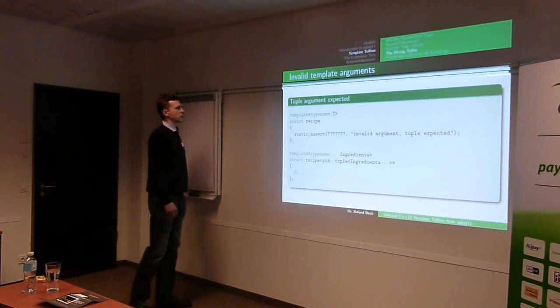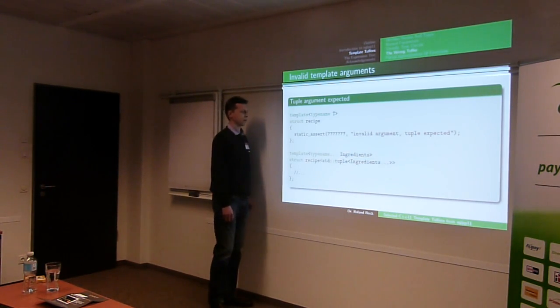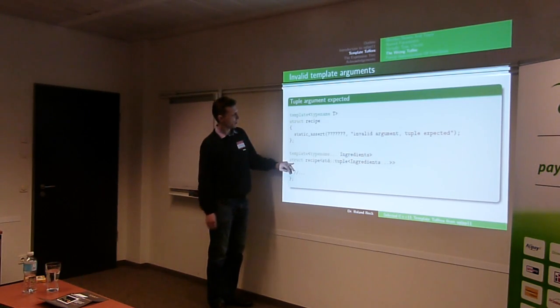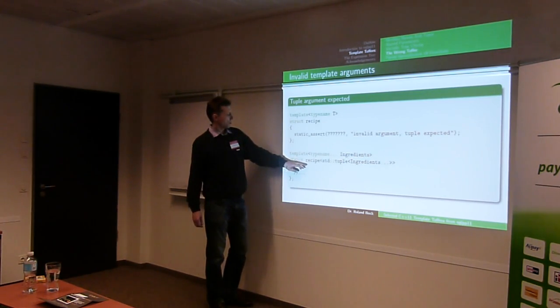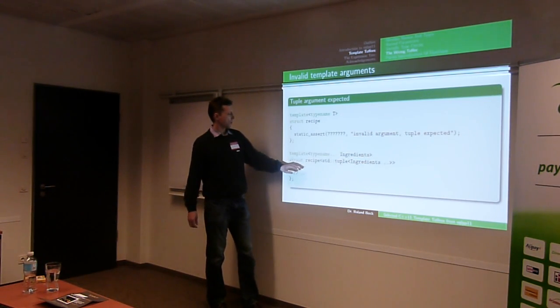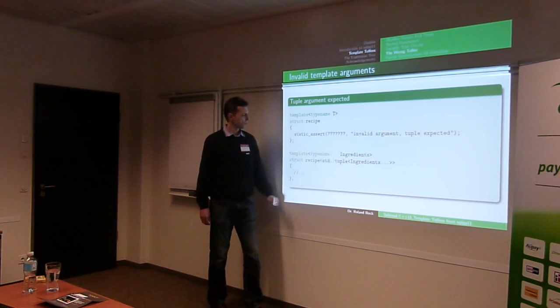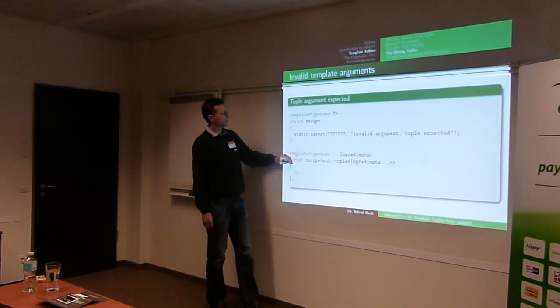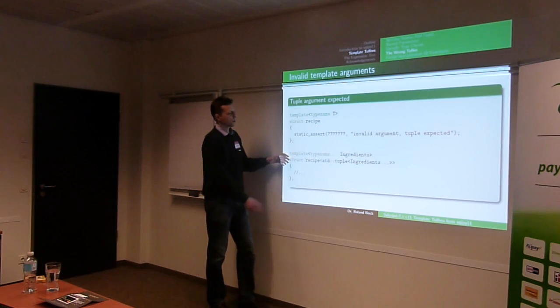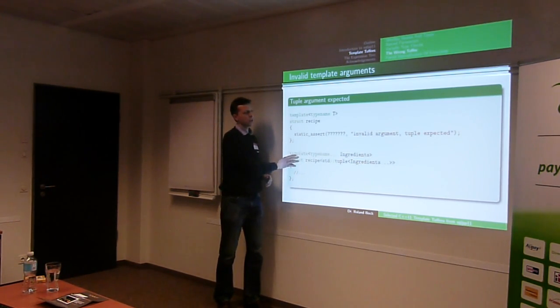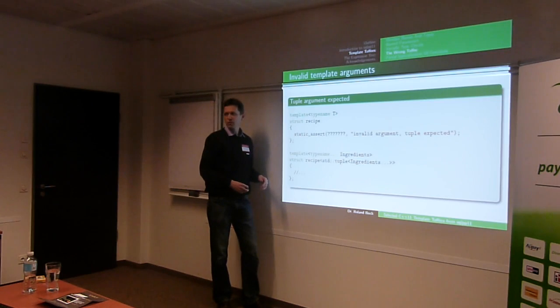Another way to check arguments, which sometimes simply comes from a need, is to use partial specialization. For instance, you have a template class that requires the template argument to be a tuple, and you want to tell the user that if they use something else as a template argument, this is an invalid argument.